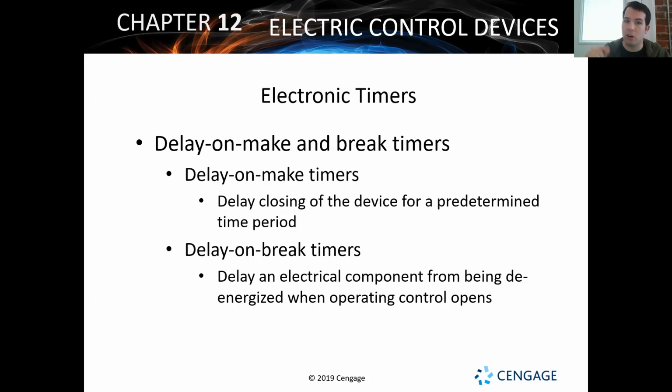The other ones are delay on break timers, delay an electrical component from being de-energized when operating control opens. So this would be something more for your blower fan motor. This is a very common thing to have for the fan motor on a gas furnace or for an electric furnace. One of the things is, if a furnace is burning and operating, it's creating a lot of heat, right? When it shuts the gas off, that doesn't mean it stops producing heat.